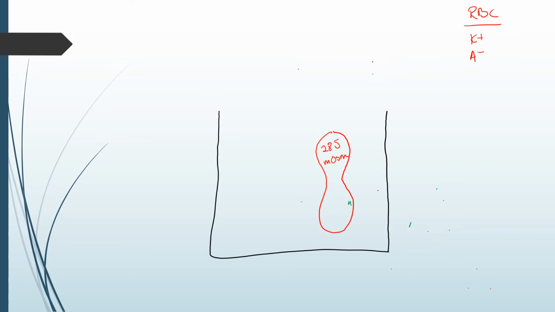So I'm going to say we have a solution of 600 milliosmoles of urea again. But I'm also going to add to the solution 285 milliosmoles of sodium chloride. So we actually have a grand total in this case of 885 milliosmoles in total.